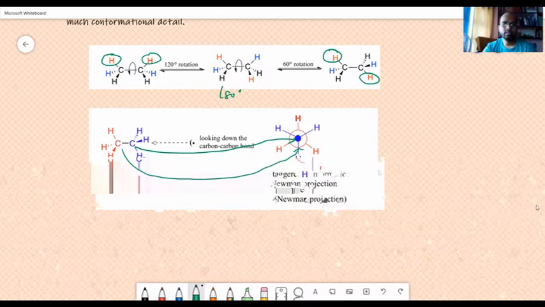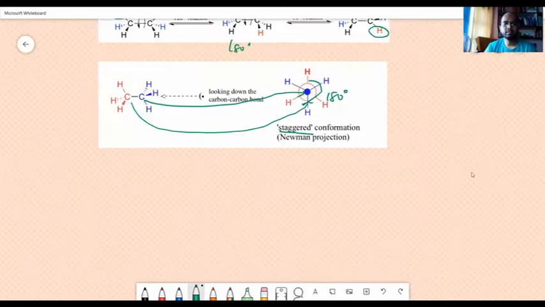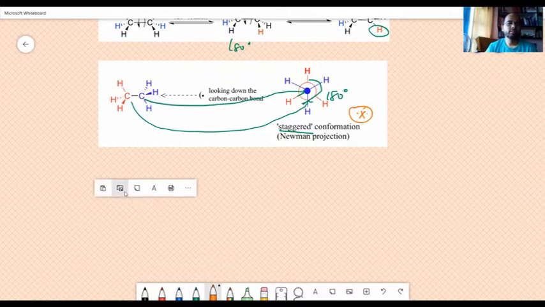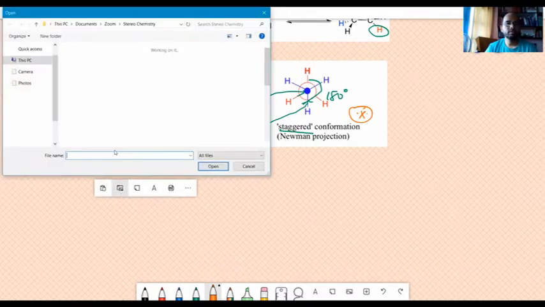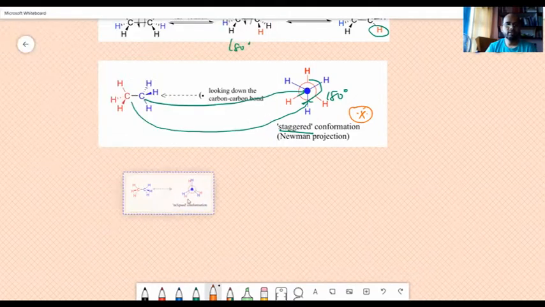And because you have got 180 degrees, it is called the staggered conformation. It remains a very essential point in the entire stereochemistry when you write the conformation. So in the third picture, which I am going to import, it shows another format.